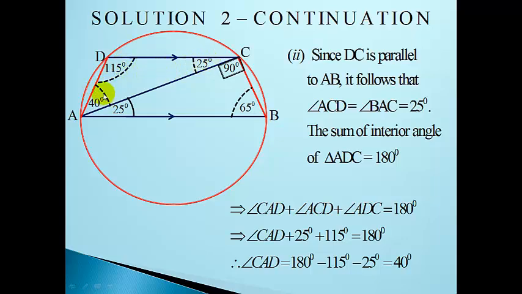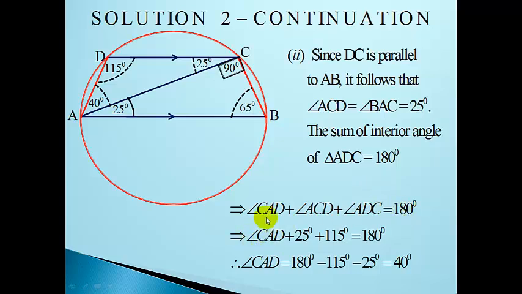Now let's see how best we can calculate the angle at A, considering the triangle ADC. Now we know that the sum of the interior angles of triangle ADC equals 180 degrees. So when we sum all the three angles, we have to equate it to 180.